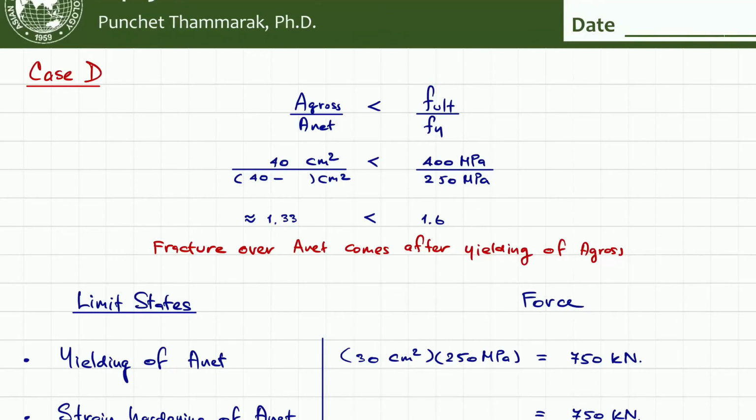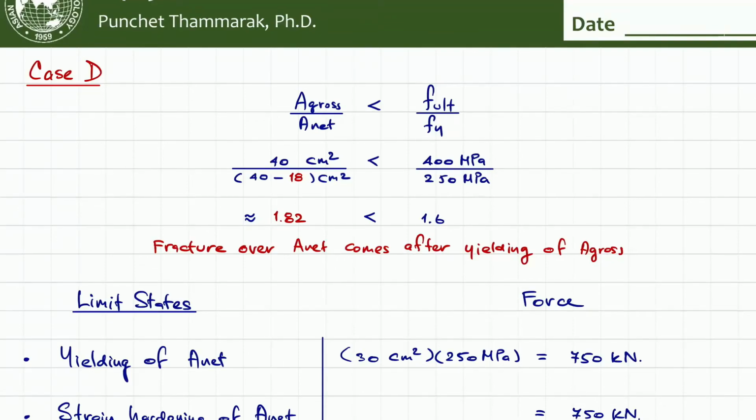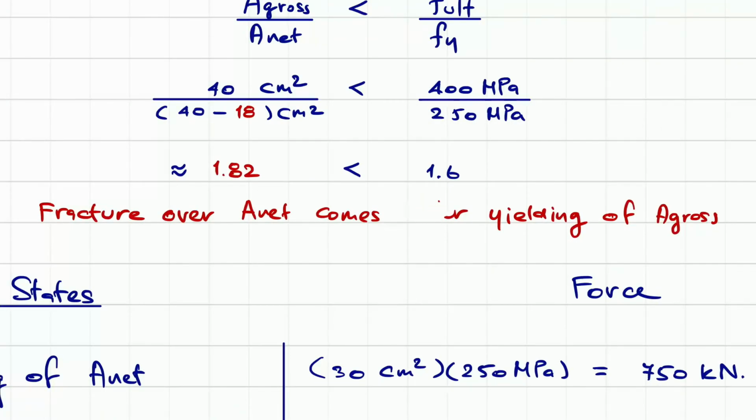40 minus 18, right? 1.8, 1.82. Instead of after, it is before.